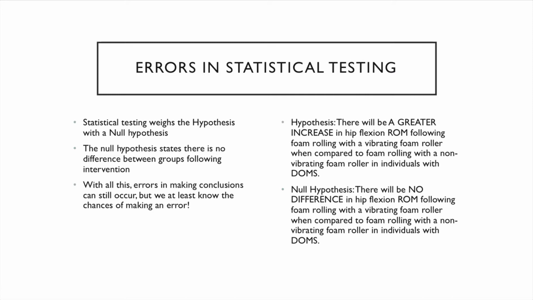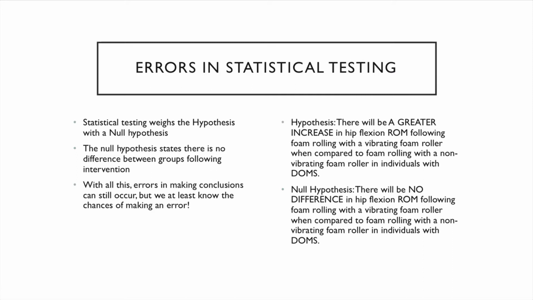On the right of this slide, I have a hypothesis saying there will be a greater increase in hip flexion range of motion following foam rolling with a vibrating foam roller when compared to foam rolling with a non-vibrating foam roller in individuals with delayed onset muscle soreness. So that's the research hypothesis, very similar to the study that we've been reading, right?